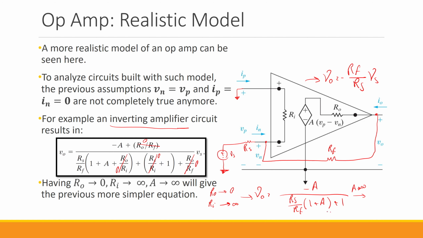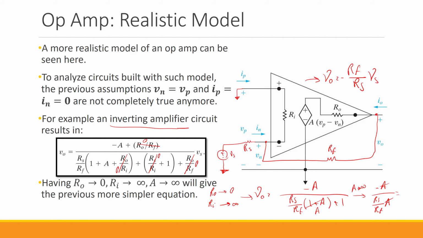When A goes to infinity, 1 plus A is approximately A. Infinity, or a very large number, multiplied by Rs over Rf is going to be greater than 1. So this becomes negative A over Rs over Rf multiplied by A. But now we can eliminate these two A's from top and bottom, because they are very close.